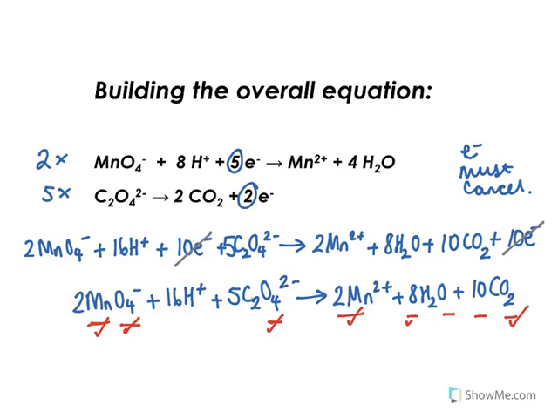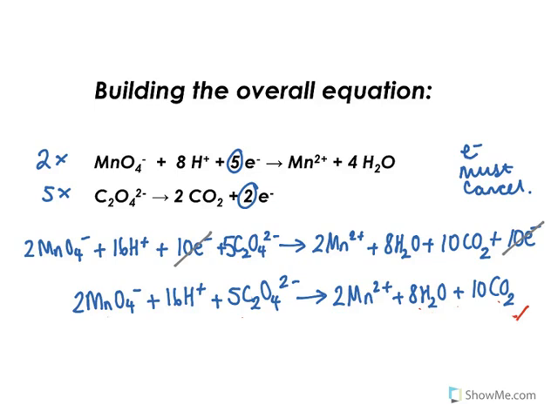So all of that lot has balanced. 16 H+, and 8 2s is 16 H+, that balances. 5 2s is 10 carbons and 10 carbons over here, so all of the atoms are balancing out. So I've checked all of those atoms and they all balance up properly.